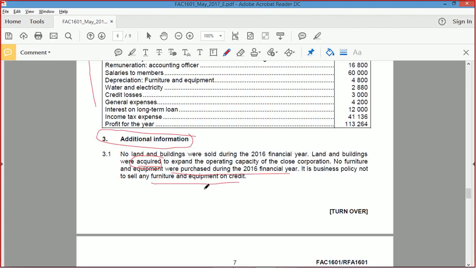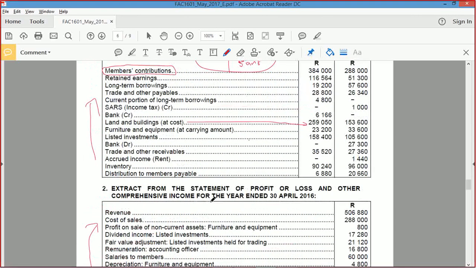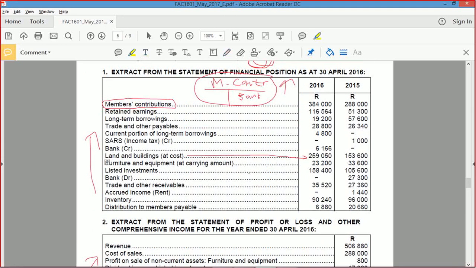Cash. Exactly. Is that an inflow or outflow? Inflow. Exactly. Okay, so now where are you going to find bank then? Which account's going to give you bank? If you know you've sold furniture and equipment, did furniture and equipment go up or down? It went down. So is that an inflow or outflow?